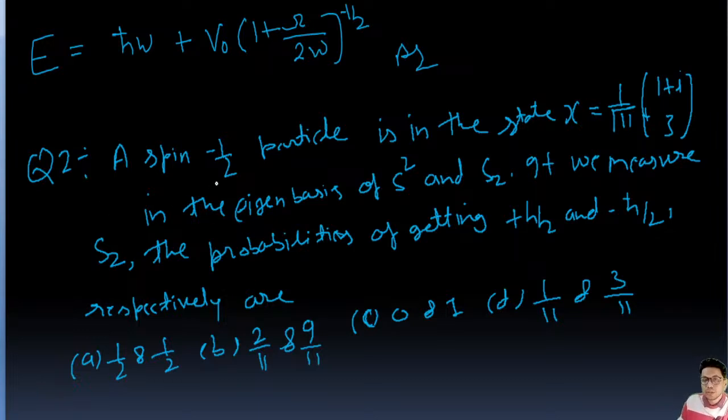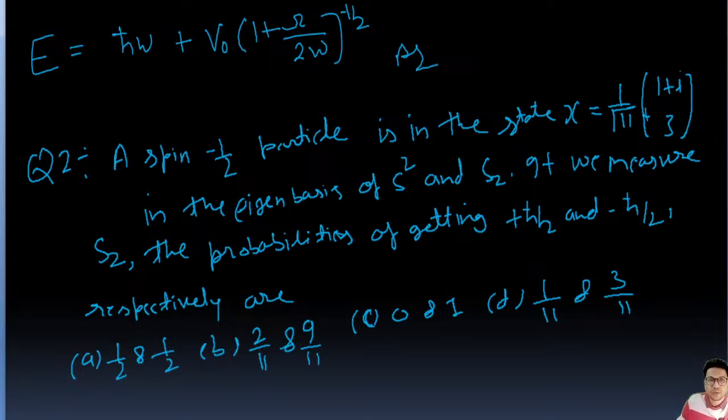Okay, so a spin half particle is in the state chi, which is given, in the eigenbasis of s square and sz. If we measure sz, the z component of spin, we need to find the probability of getting plus h cut by 2 and minus h cut by 2 respectively.